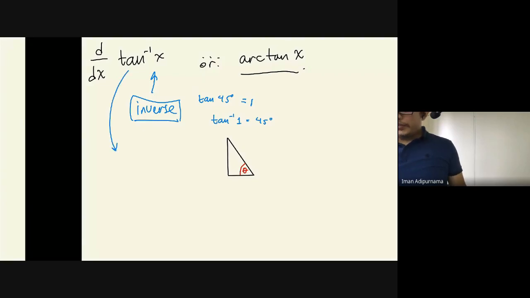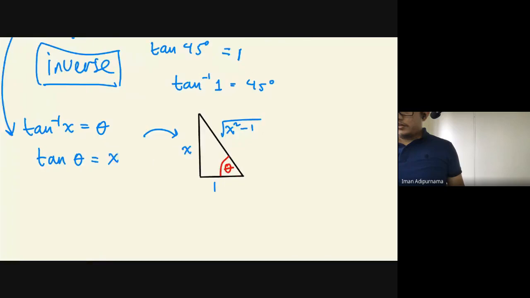So if the tangent inverse is some theta, then my tangent theta is x, right? If I apply it in the triangle, it will be x and 1, and the hypotenuse will be the square root of x squared plus 1, like this.